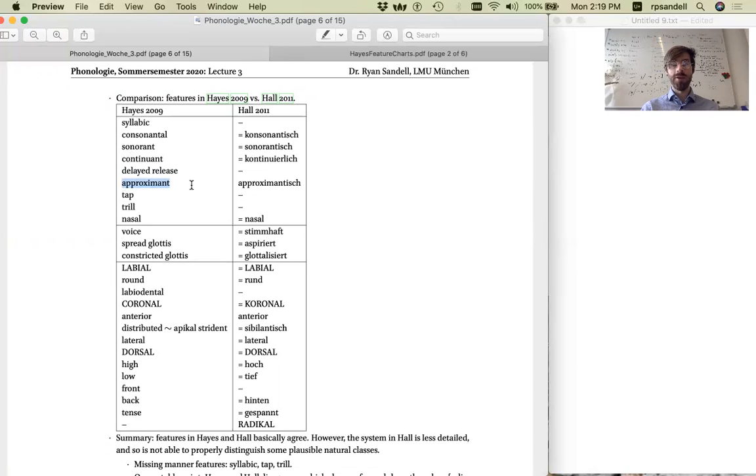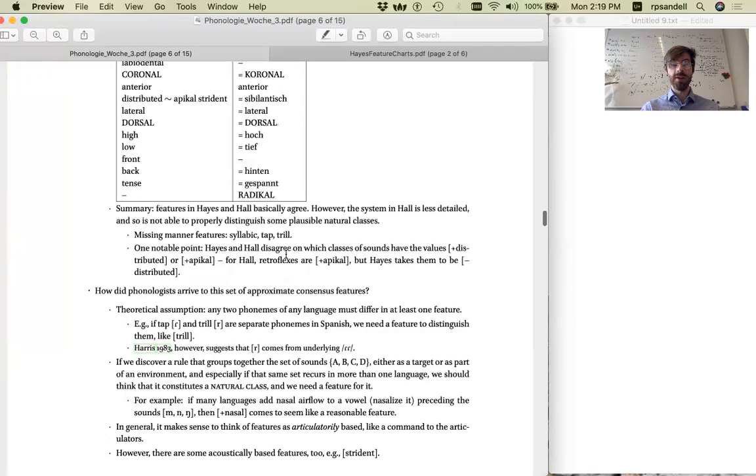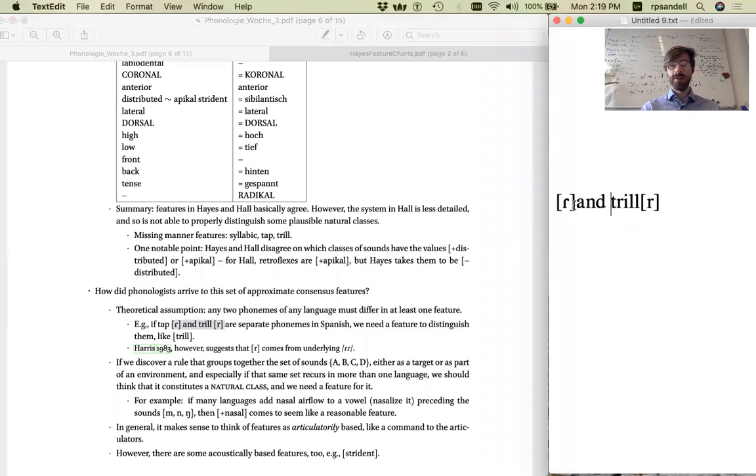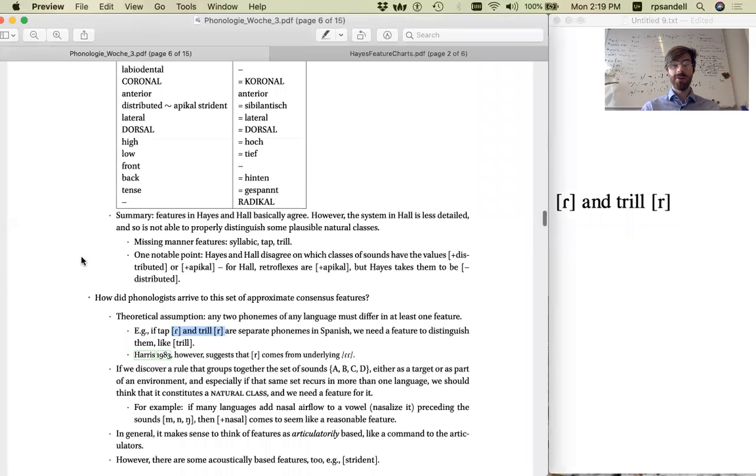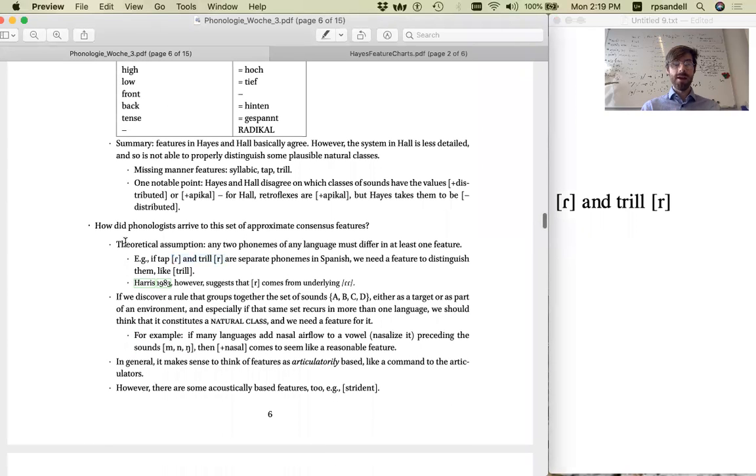Both of those sounds probably need to be identified as approximants, as continuants, as sonorants, but those features alone are not going to suffice to distinguish between a tap and a trill. And precisely for that reason, I think Hayes introduces these additional manner features of tap and trill.